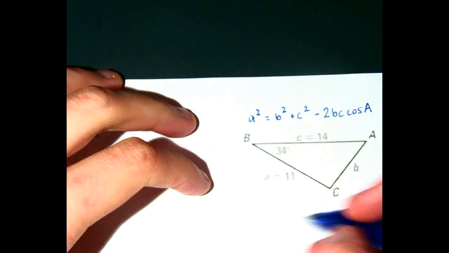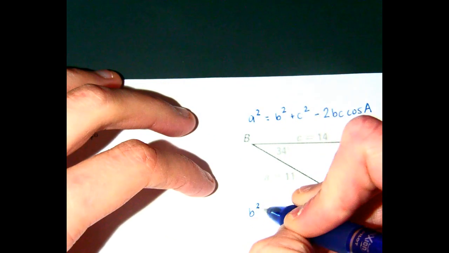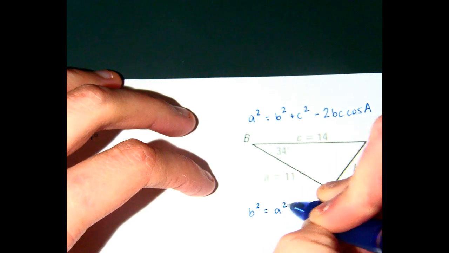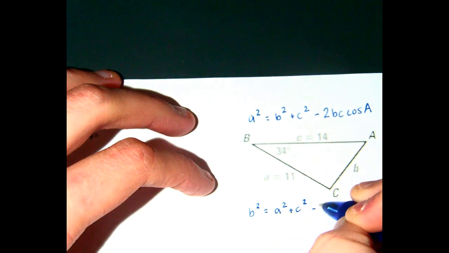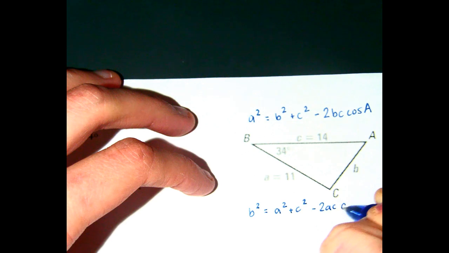What is the only side length we don't have? B. So if you really need it to match, the actual one we're using this time is B squared equals A squared plus C squared minus 2AC cosine of B.